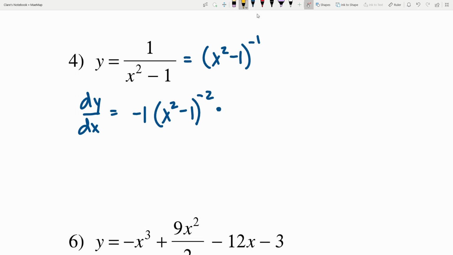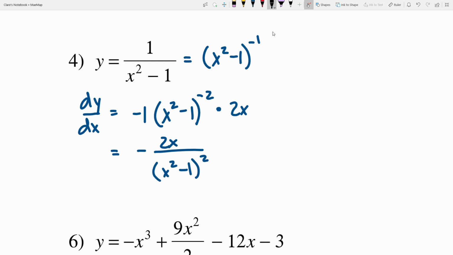We took care of our outermost function, which was this raised to the -1, but now we have to take the derivative of our innermost function, which is x squared minus 1, and the derivative of that is 2x. So I'm going to rewrite this derivative as -2x all over, moving this negative exponent to the denominator as a positive, x squared minus 1 squared.